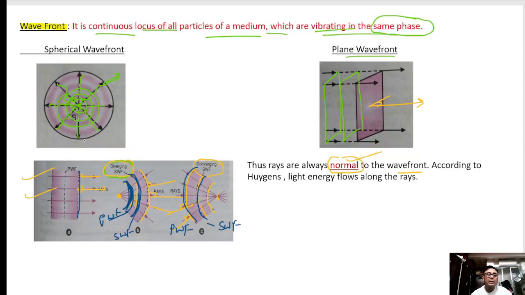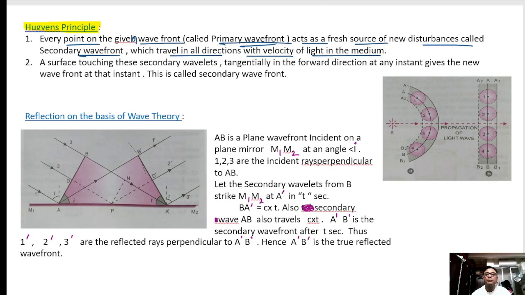That means the primary wave front from every point will give rise to the secondary wave front. And that wave front will always travel in the direction of the primary wave front with the speed of light.